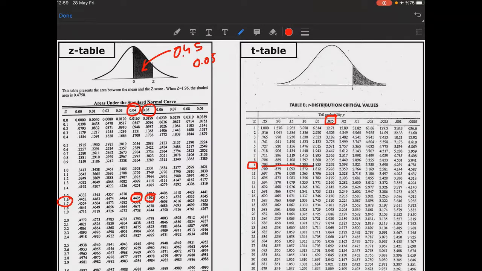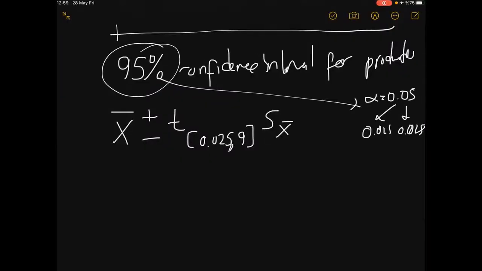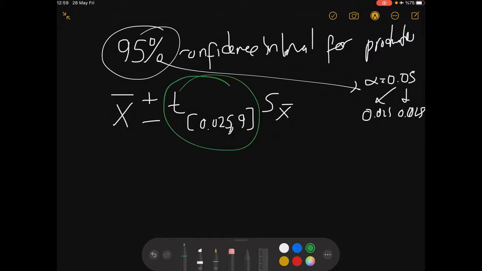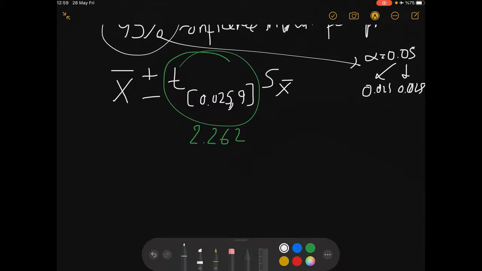It should be 2.262. Right? Yes. Let's put it here. So this value should be 2.262. The other numbers, or the other calculations, the other data, we already have them.